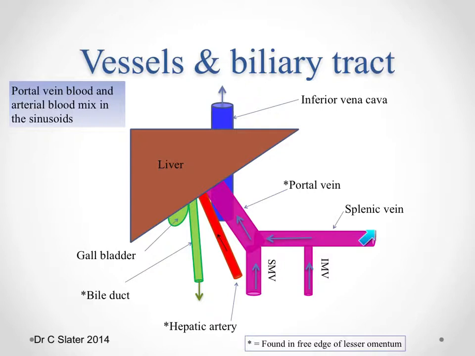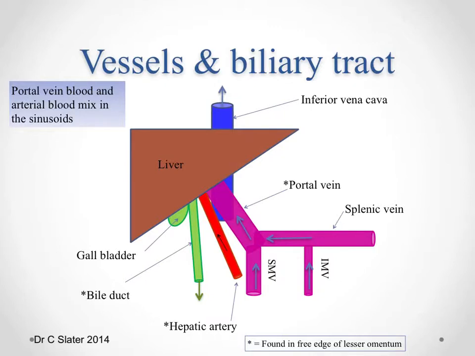The splenic vein and the portal vein drain the derivatives of the foregut directly that go into the portal system. And then running posterior to the liver, over here is the inferior vena cava, which is bringing systemic venous blood from the rest of the body.